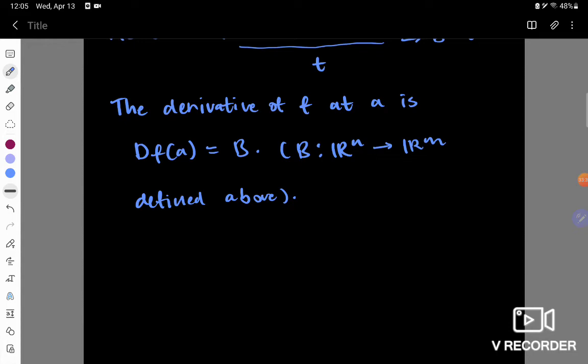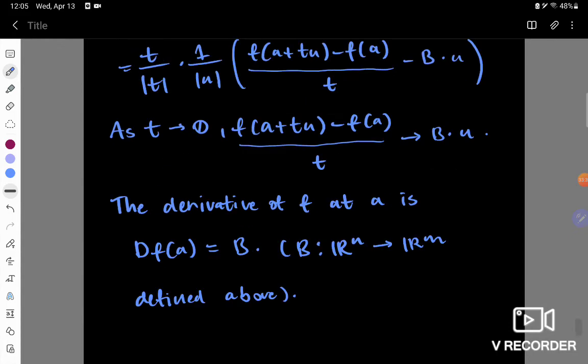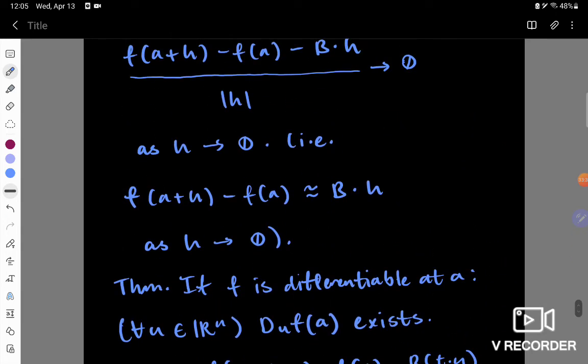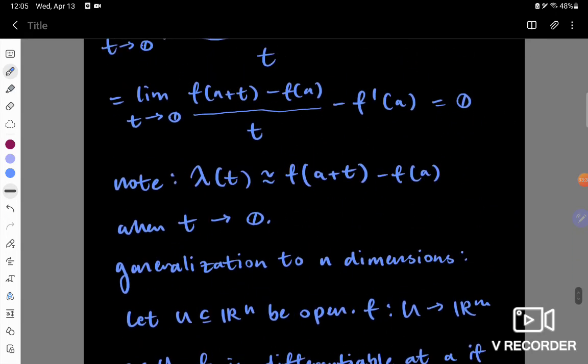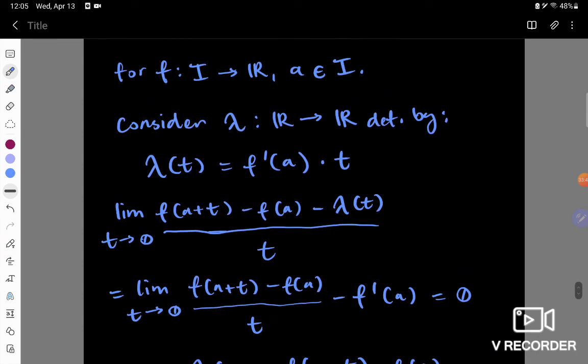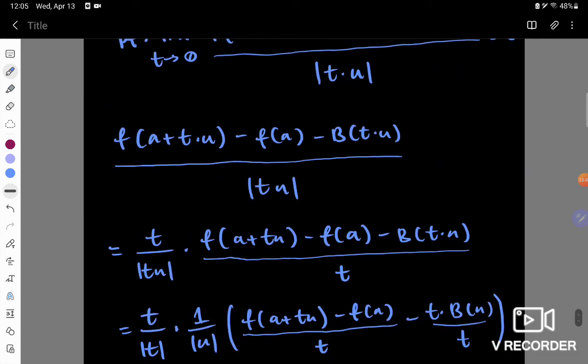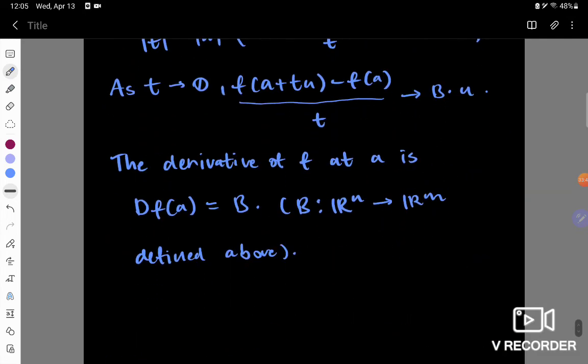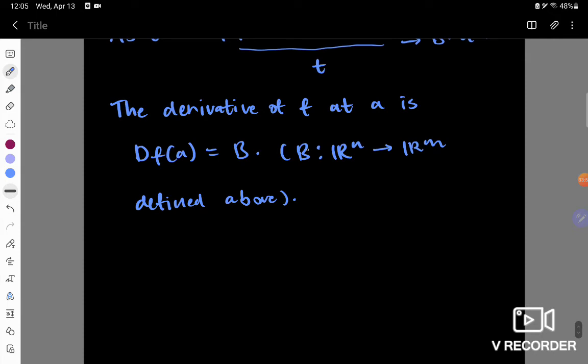It is really how we can think of this mapping b here to be our derivative, just as we thought of the role of our lambda, so our f prime of a being, lambda of t being f prime of a times t. Similarly, we can think of the derivative itself being the information that we receive from our matrix or linear mapping b. This is an equivalent formulation from one dimension, and it is in fact a suitable generalization, as we saw.